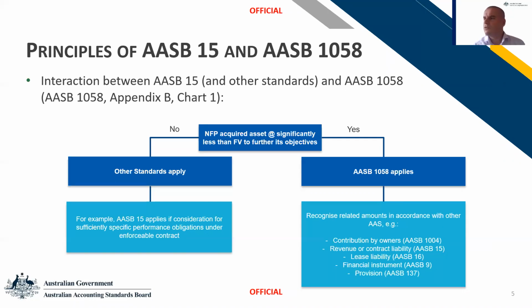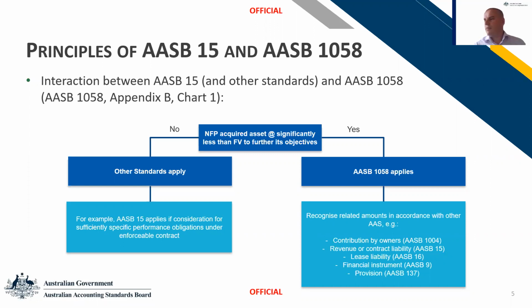So we thought it's helpful to reproduce this flowchart, which is actually reproduced from Appendix B of AASB 1058, and I think nicely illustrates the considerations to be taken into account. Again, a bit of a caveat there. This is not necessarily an exhaustive illustration, because it doesn't take into account voluntary services and capital grants.